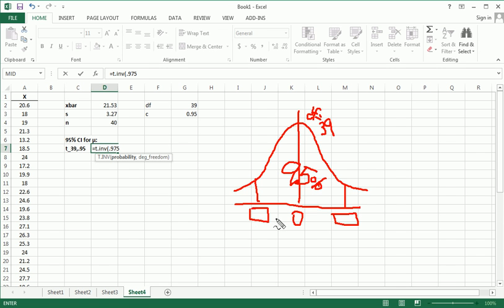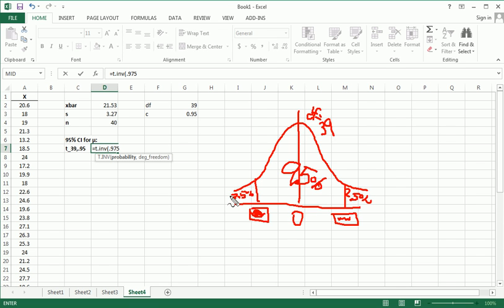All right, so we're going to get this number here. And once we have this, by symmetry, we'll have this. So by drawing this picture, I want you to notice that 2.5% is going to be here. 2.5% is going to be here.